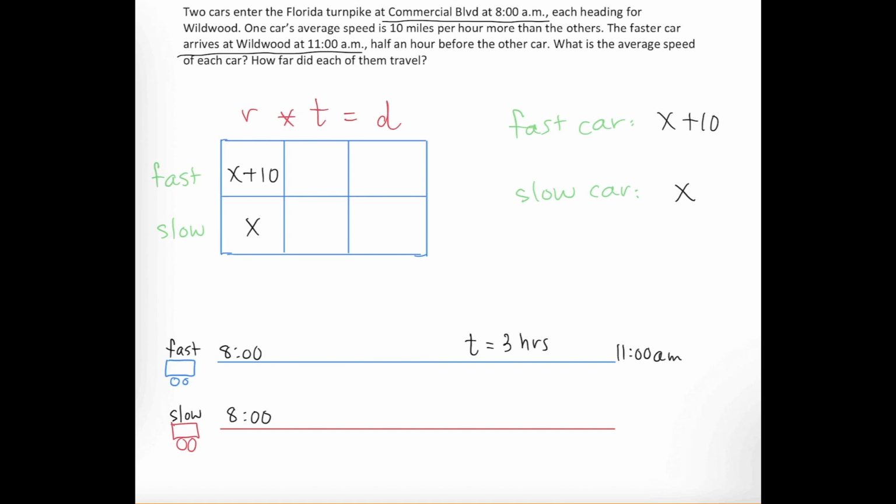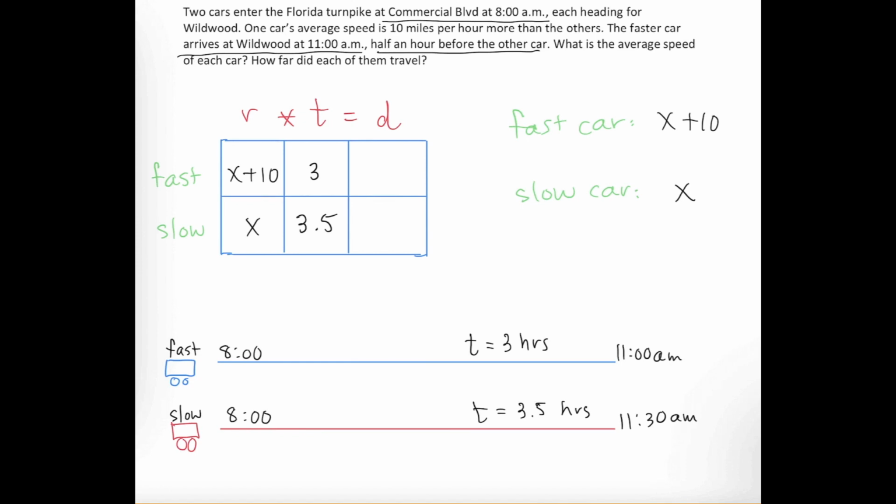We also know that this arrival was half an hour before the other car. So the other car must have arrived at 11:30, half an hour later, which means the slow car traveled for 3.5 hours. These are the values we're going to put into the time cells of our table.